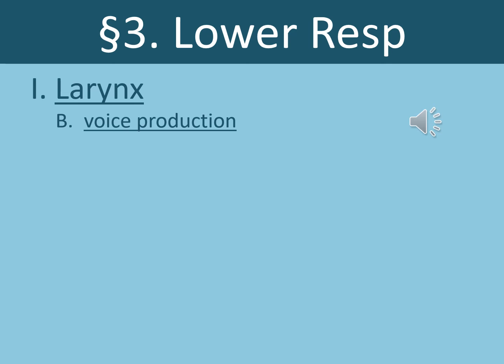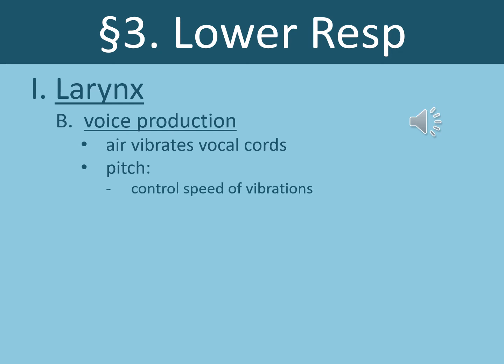Now let's briefly discuss voice production. Sound is produced when we exhale, and the moving air causes our true vocal cords to rapidly vibrate. Like a musical instrument, we can change the pitch of our voice. We can change how fast or slow the vocal cords vibrate.